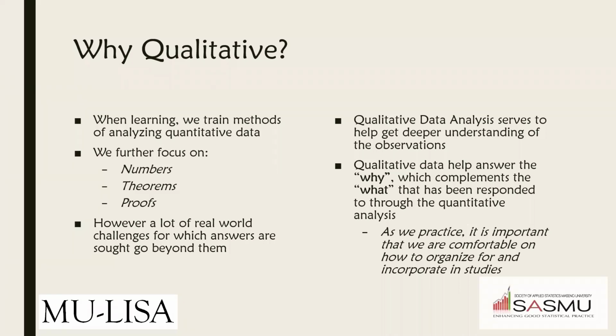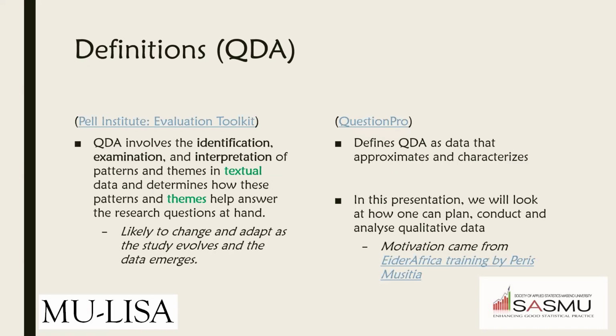Rather, it helps us to understand why there is this behavior, rather than just what has happened. I do believe that for us to be effective researchers, we really need to have a good blend of both qualitative and quantitative analysis.